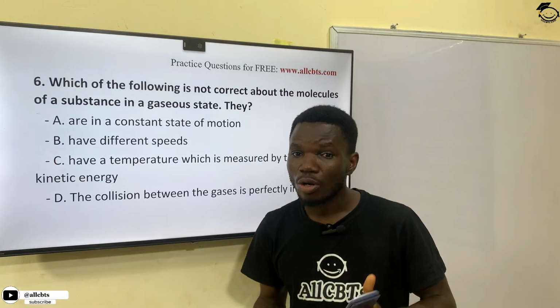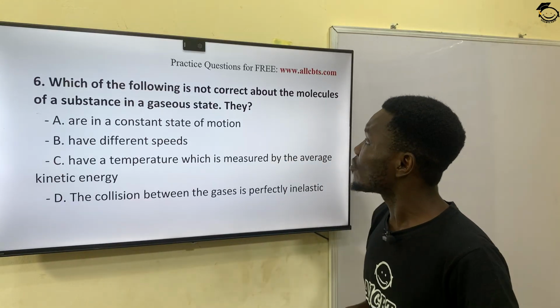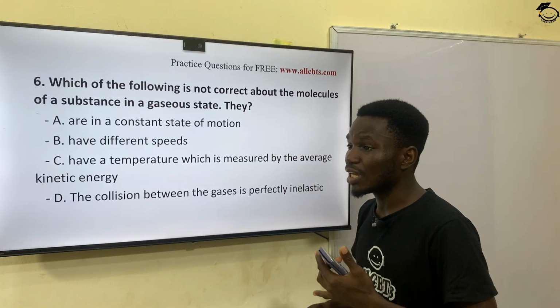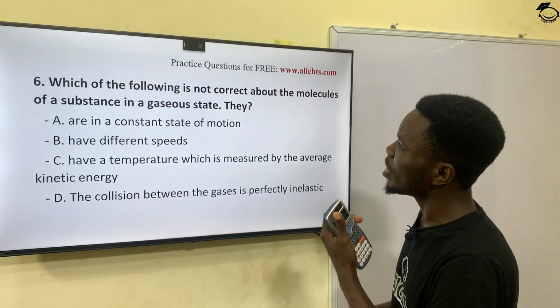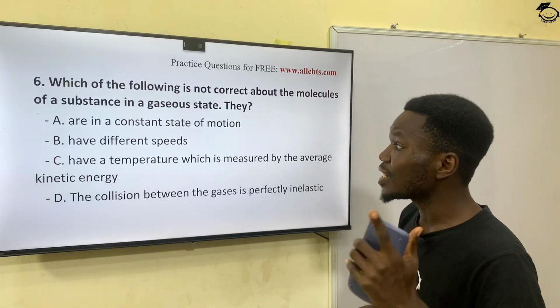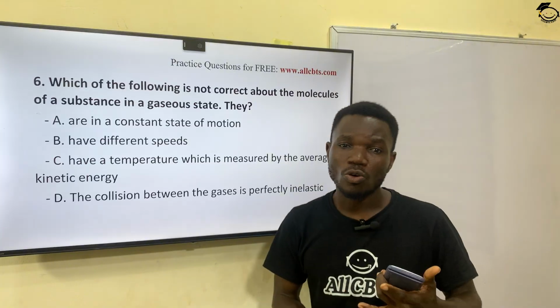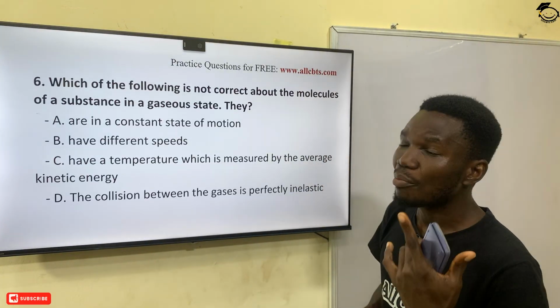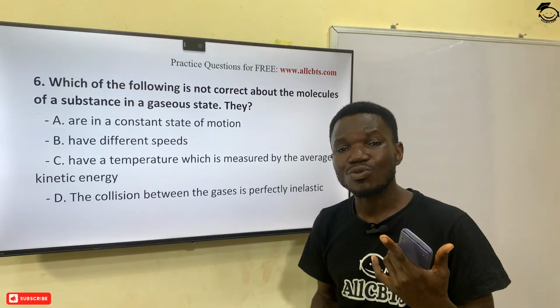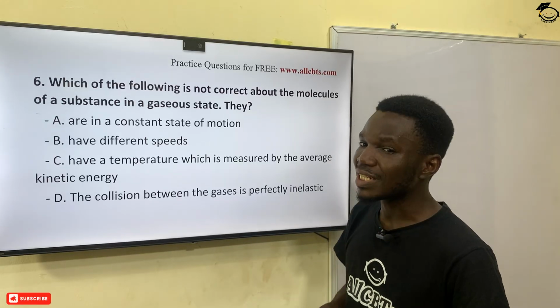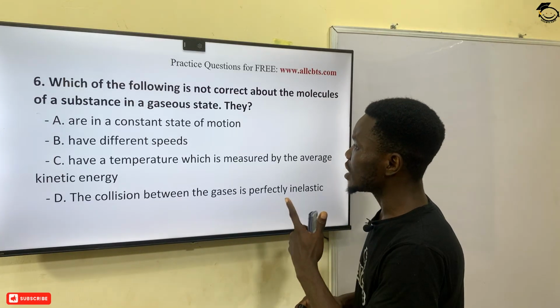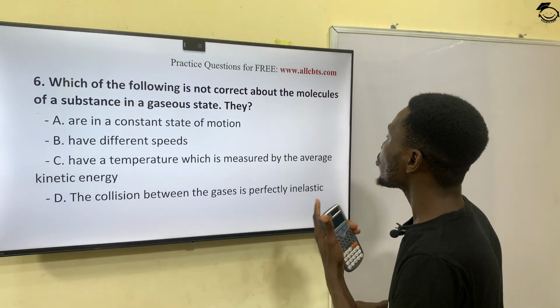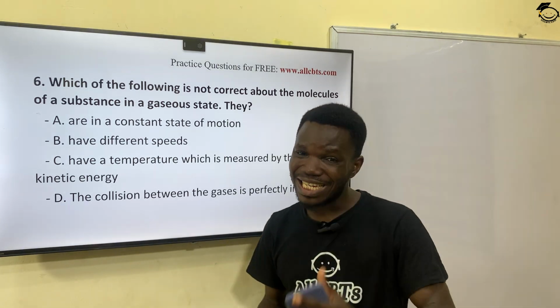Now, looking at all of these options, you realize that whenever a substance is in a gaseous state, first, they are always moving, they are in constant motion, and the molecules have different speeds. They are not moving at the same speed. They have a temperature which is measured by their average kinetic energy.